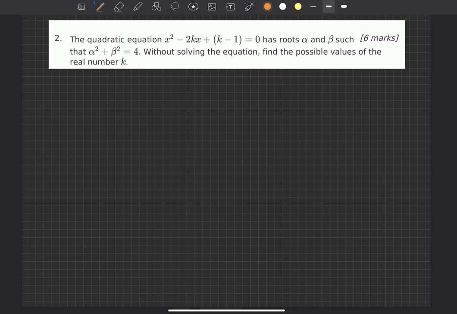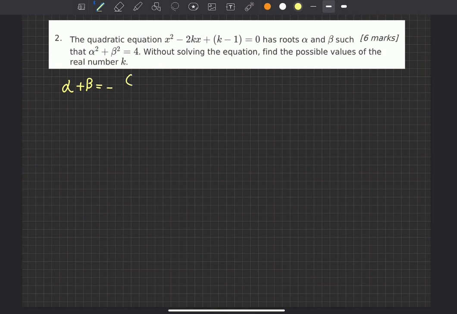So finally, we have this past paper question where we're given a quadratic, we're given the roots are alpha and beta, and using this information, we're asked to find the value of k. First things first, we know that the sum of the roots, alpha plus beta, is the negative of the coefficient of the second highest degree divided by the coefficient of the highest degree.